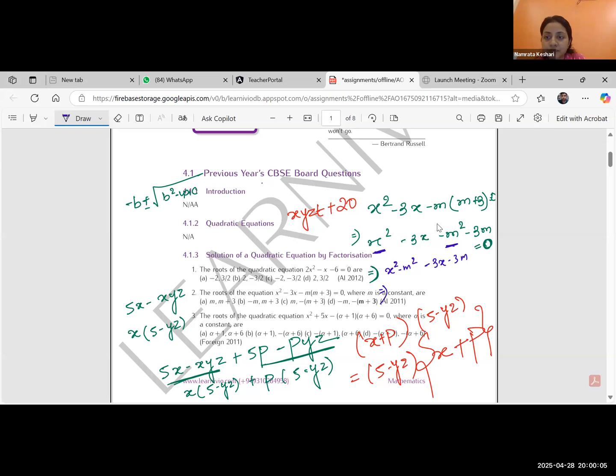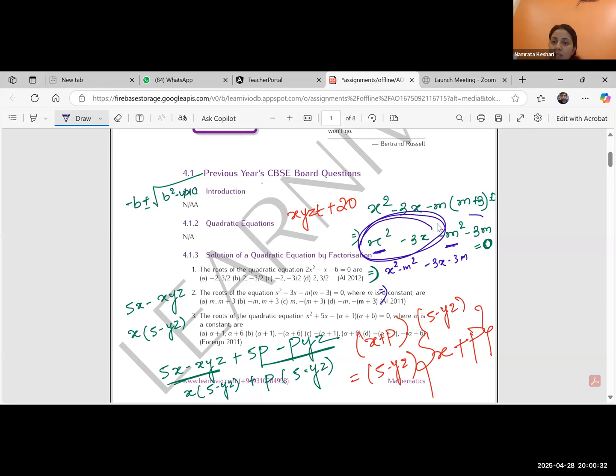If we didn't arrange it, we would also get the same answer, right? If we do not arrange it, then how will we take out the common? See, if we are not arranging, from here x is common, and the bracket will contain x minus 3.